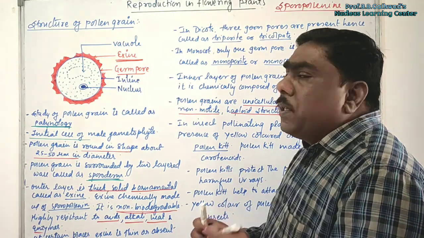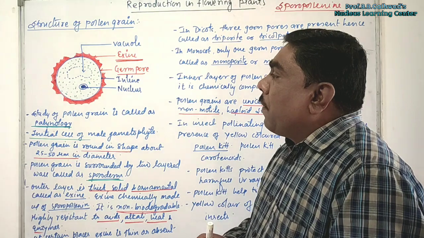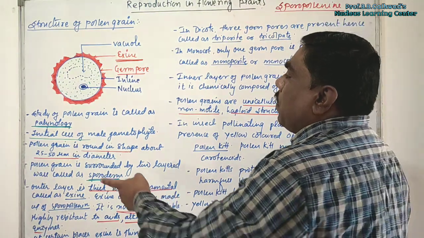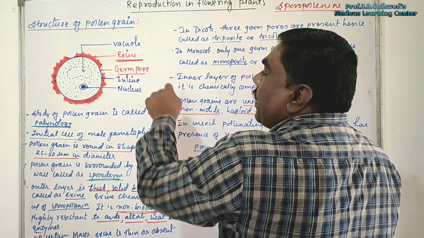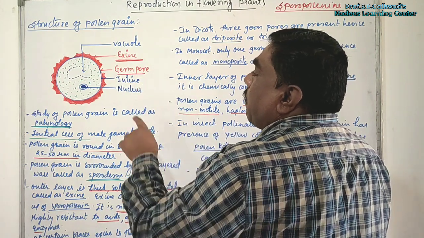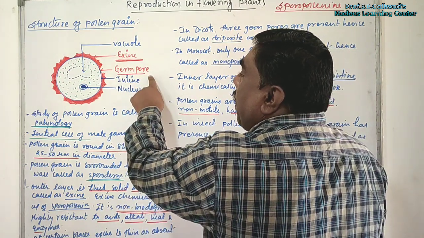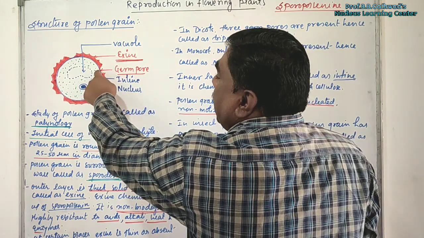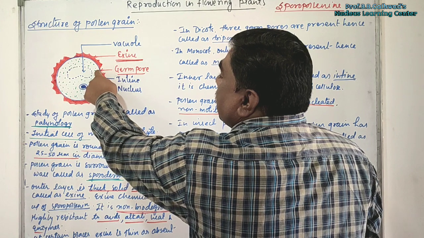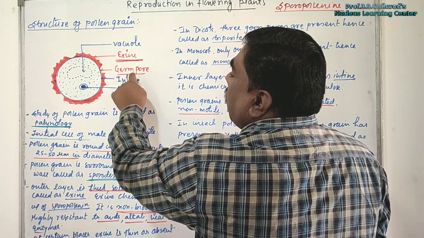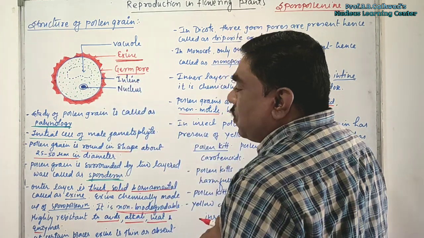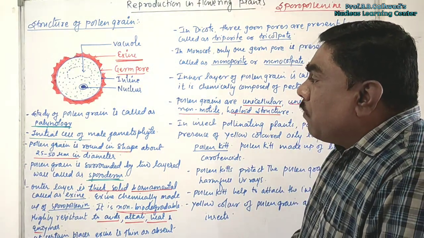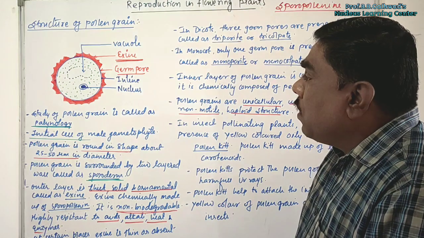So pollen tube जब डेवलप होती है ड्यूरिंग द डेवलपमेंट ऑफ मेल गैमेटोफाइट, जैसे ये पोलन ग्रेन लैंड हो जाएगा स्टिग्मा पे, तो स्टिग्मा में उसका जर्मिनेशन होगा एंड ड्यूरिंग द टाइम ऑफ पोलन ट्यूब फॉर्मेशन ये जो इंटाइन होगी, दैट इंटाइन कम्स आउट इन द फॉर्म ऑफ पोलन ट्यूब फ्रॉम द germ pore. So keep in mind what is the function of germ pore: for the emergence of pollen tube.